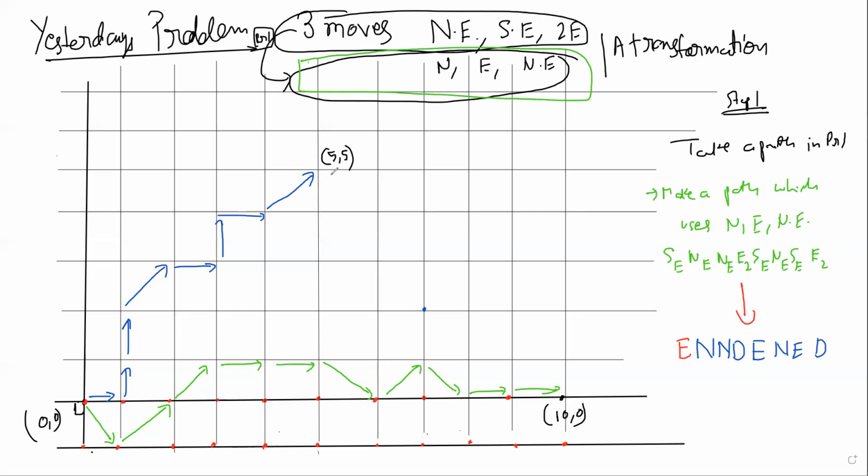Okay. So I'm taking a path in the first problem, matching it to a path in the second problem, which is just a rotation in some loose sense. And then I'm taking a path in the second problem, and also you can just reverse the process. When you see an east, you do a southeast and all that. Just reverse it.